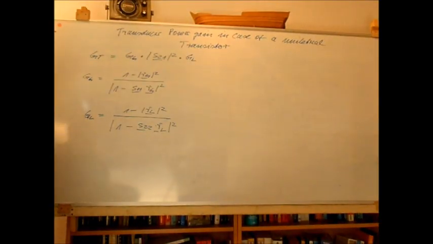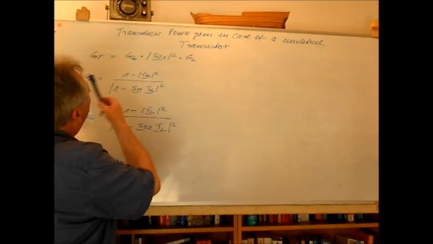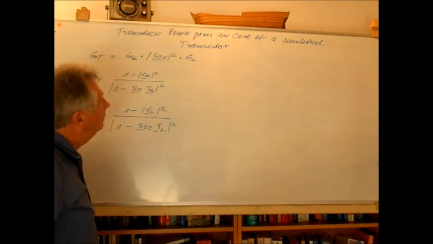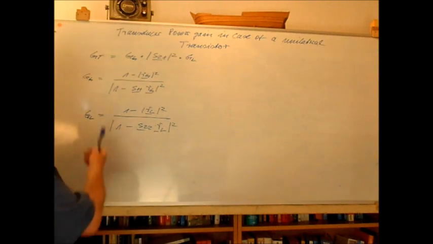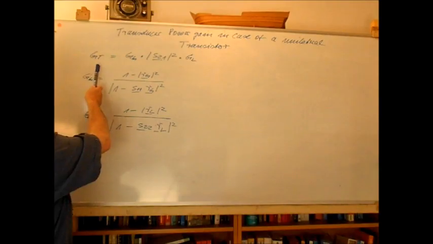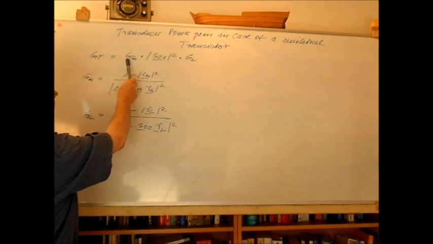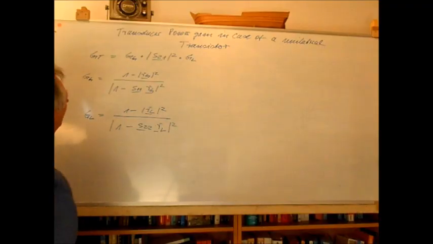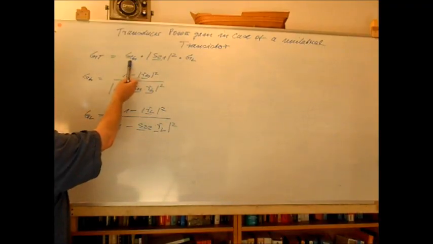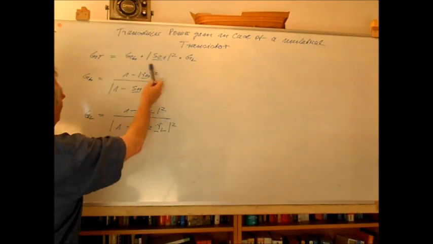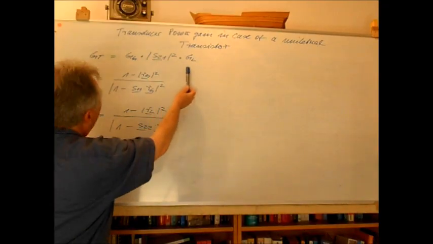So what we deduced up to now was a transducer power gain in the case of a unilateral transistor. In case of the unilateral transistor, we get for the transducer power gain an expression which consists of three terms: the generator gain, the gain of the active device, and the load gain.